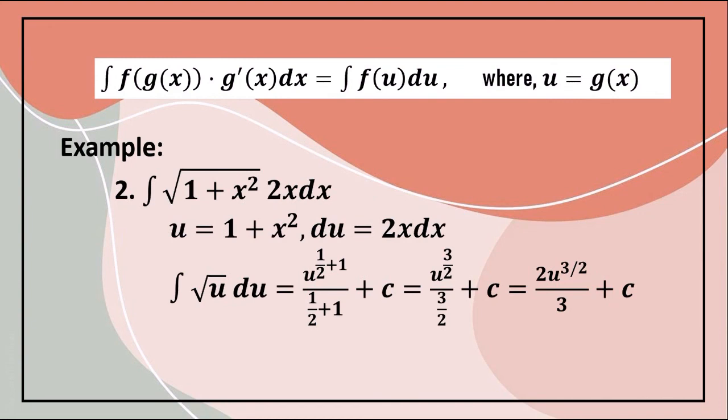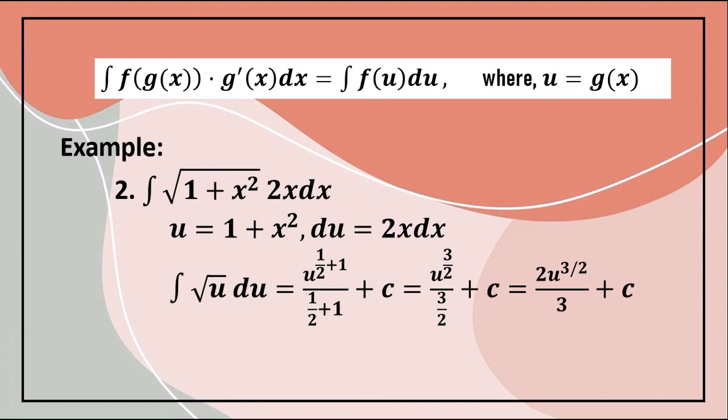And next, square root of u can also be written as u raised to the power of 1/2. So we can apply now the power rule. So u raised to the power of 1/2 plus 1 over 1/2 plus 1 plus c equals u raised to the power of 3/2 over 3/2 plus c.